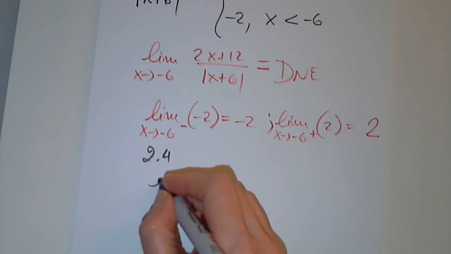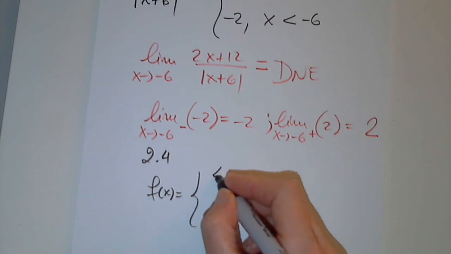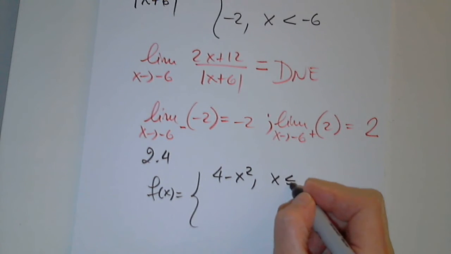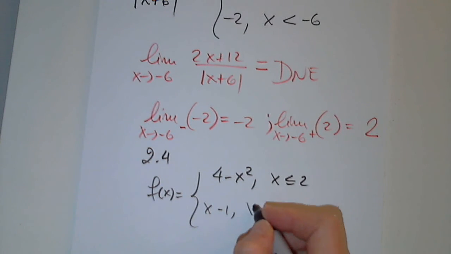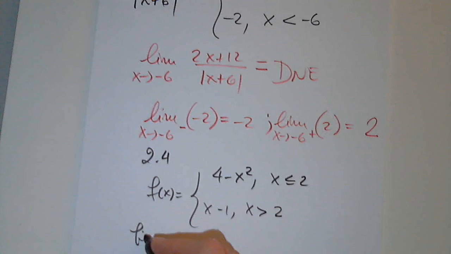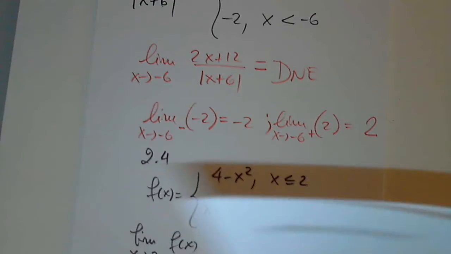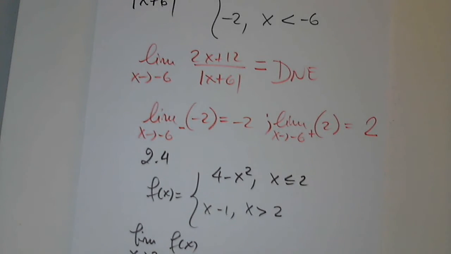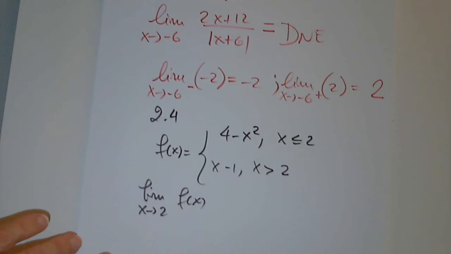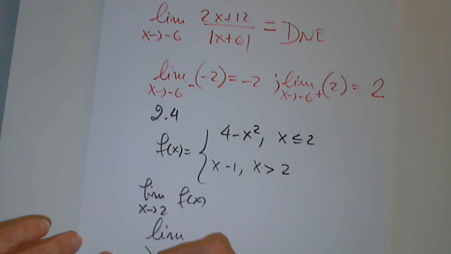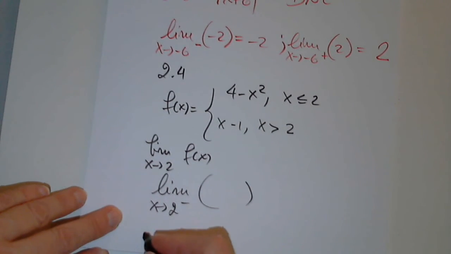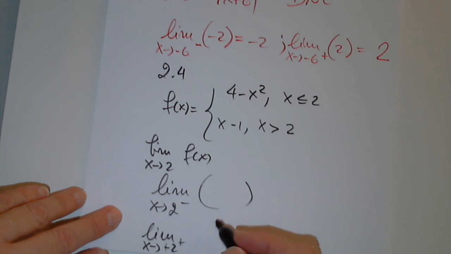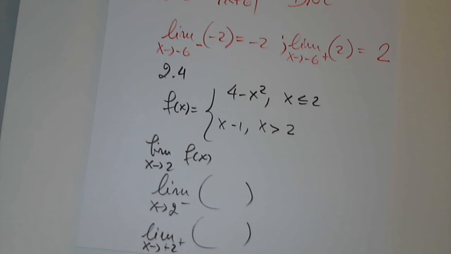So we have a function, 4 minus x squared for x less than or equal to 2, and x minus 1 for x greater than 2. And we are asked to find the limit as x approaches 2 from either side of f of x. So like before, we have to determine the limit from the left. So the limit as x approaches 2 from the left, from which branch? And the limit as x approaches positive 2 from the other side, and you'll tell me which branch.